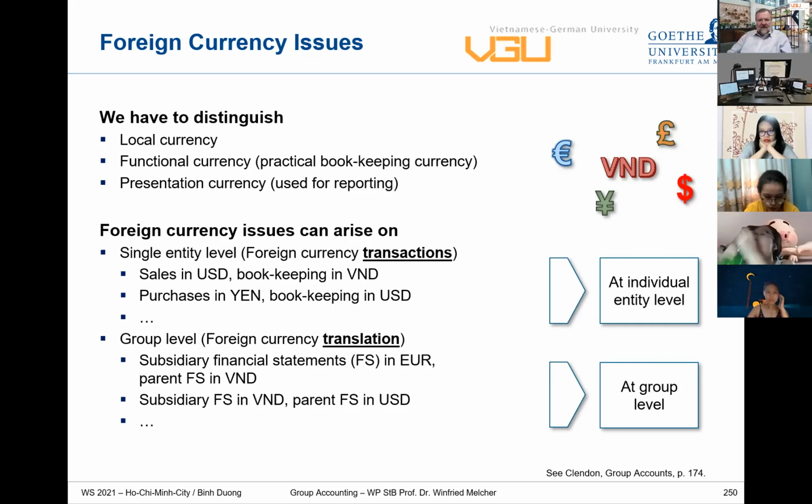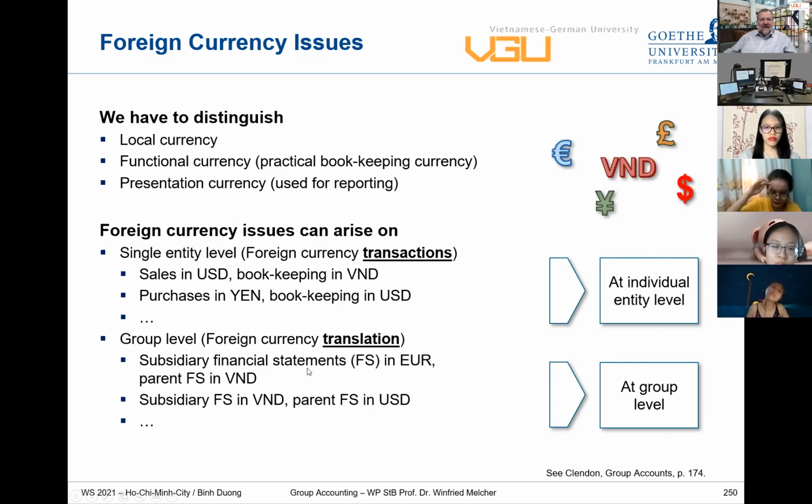Okay. So I know that sounds a little bit complicated, and yes, it is. So be very cautious when you look at foreign currency and try to find out where am I? Am I in a foreign currency transaction, so at the individual level, or maybe am I at the group level?